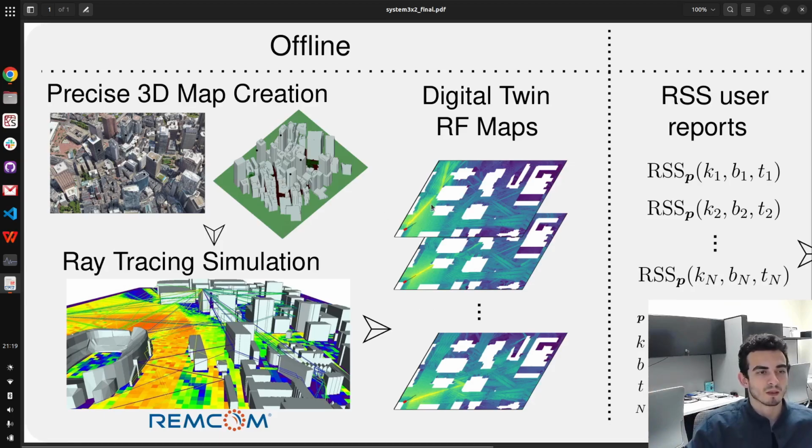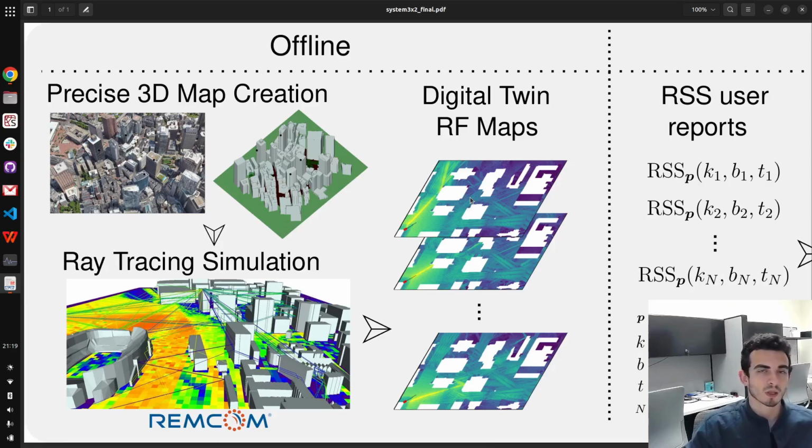And here we see different beams. This is, for example, beam 1, beam 2, beam 10. We're going to see exactly which beam is which. But essentially, after computing the received power in each position for each beam, then we know what the user is supposed to report in that position when we are using a certain beam.